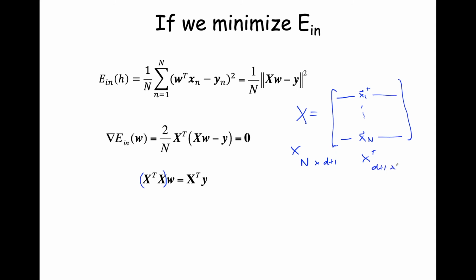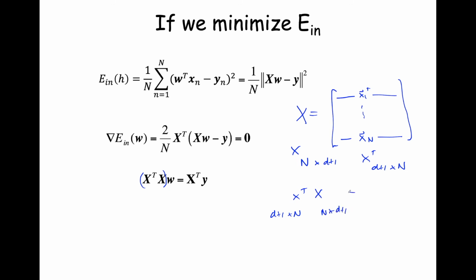Okay, so if I have X transpose X, what's the rank of that? Well, X transpose is d plus 1 by n, and I'm multiplying that with n by d plus 1.